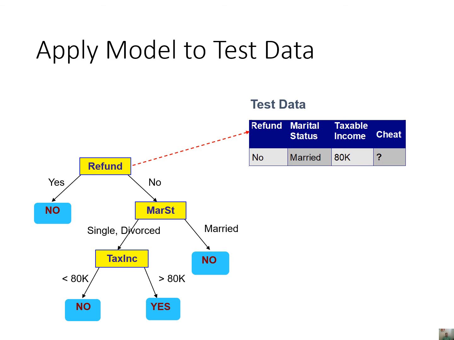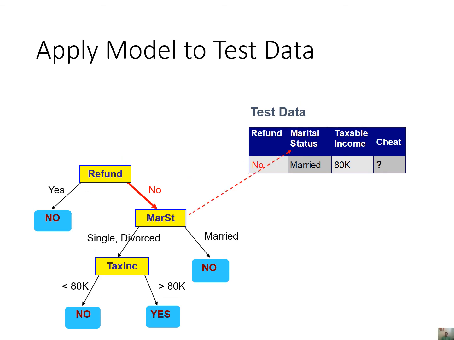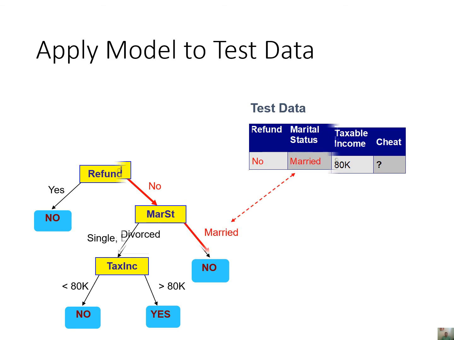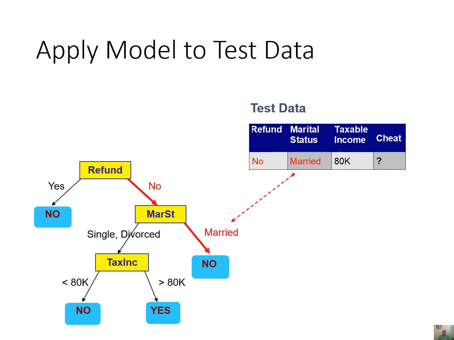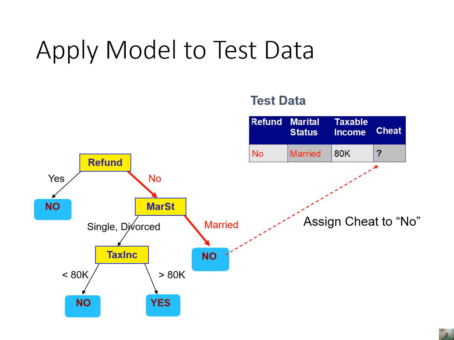This no status will make us go along a particular path, which is followed because the refund contains no. Then similarly, it will check marital status and then taxable income. Accordingly, it will continue with further decision making step by step, branch by branch, and finally, according to that, it will generate the result.